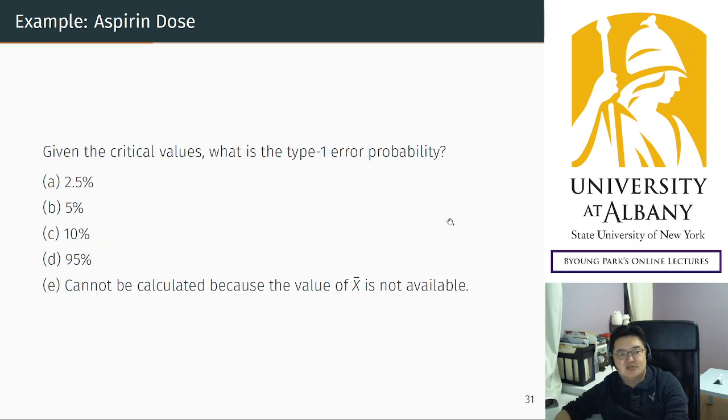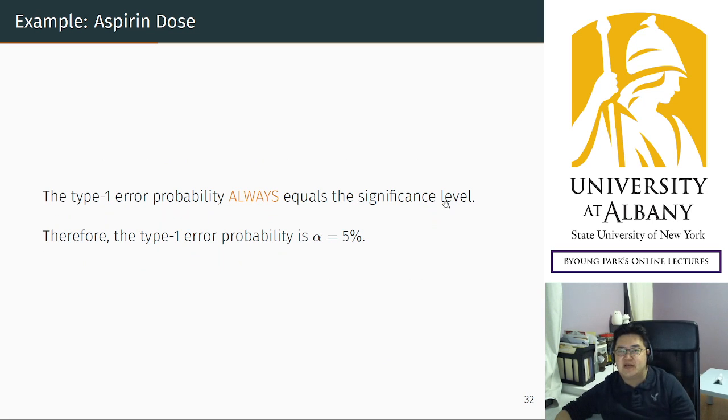Okay, the answer is 5%. You do not need any algebra because I said type 1 error probability always equals the significance level, right? You do not need any calculus, any algebra at all. When I ask you what is the type 1 error probability, you can just find the significance level. That's it.